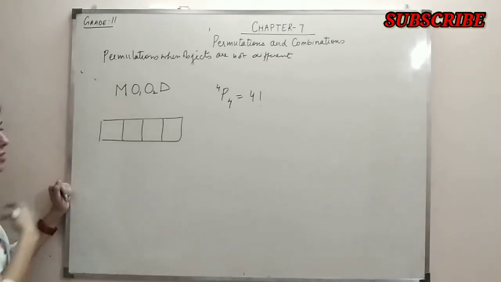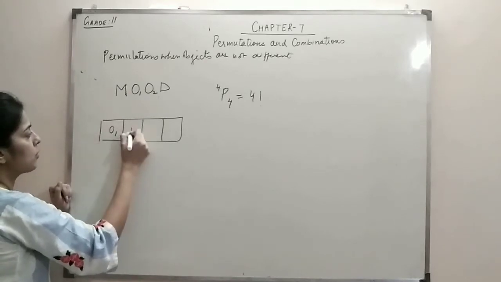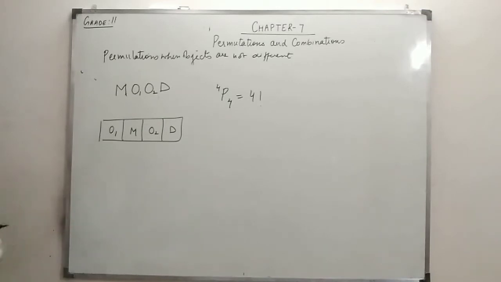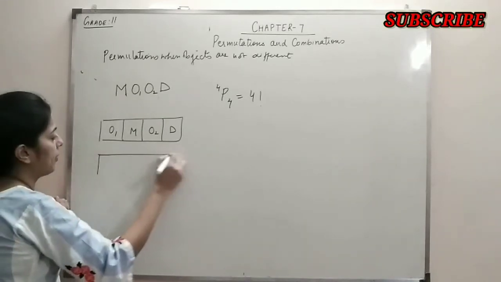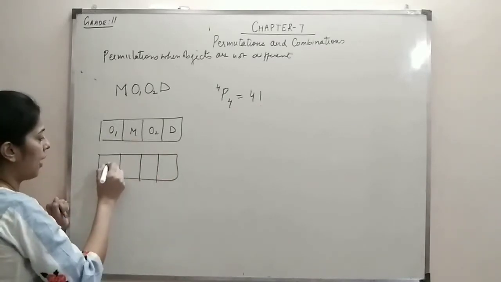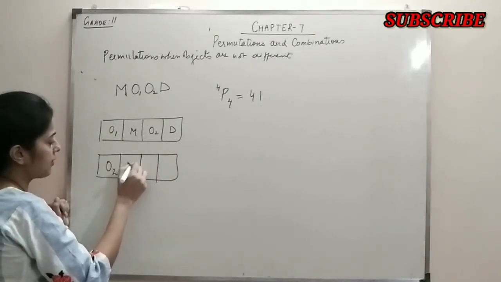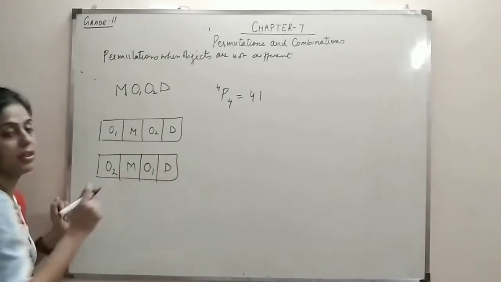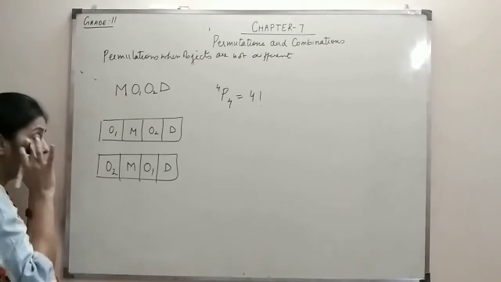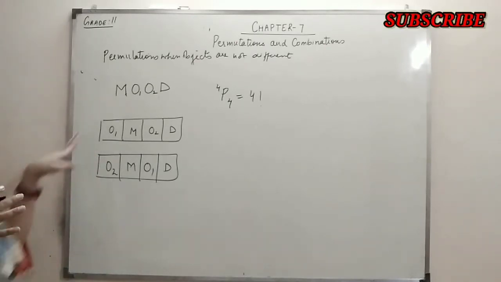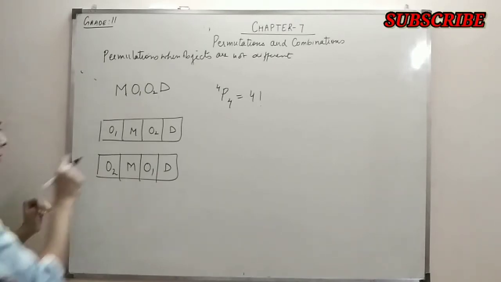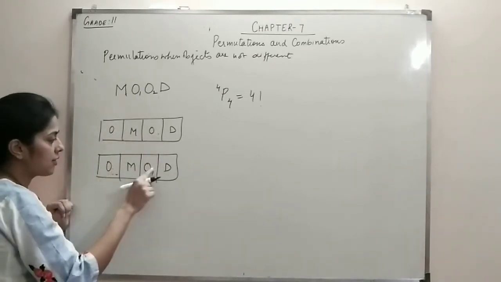If I say that here it is O1, suppose M, O2, D, one word I am framing with this. And in the next arrangement, here it is O2, here it is M, here it is O1, here it is D. Now see, we have just assumed that these are different O1 and O2, but actually these are the same.